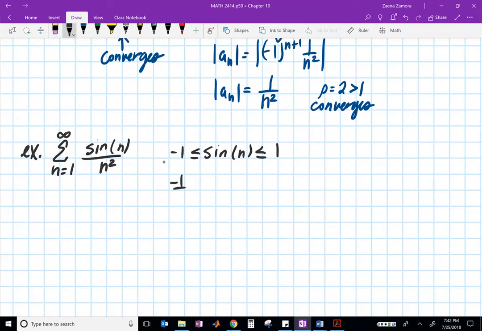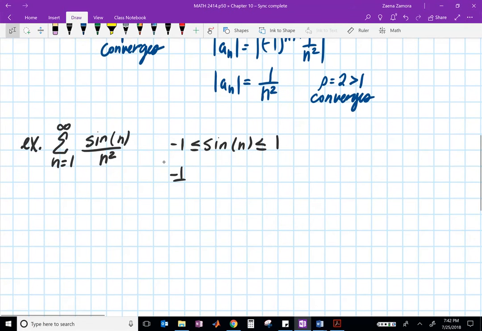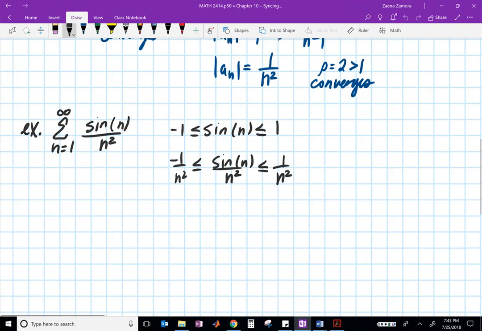So -1 over n squared is less than or equal to sine of n over n squared, which is less than or equal to 1 over n squared. Now we take the absolute value of this. Is the -1 going to be here anymore? No, so that's going to disappear.